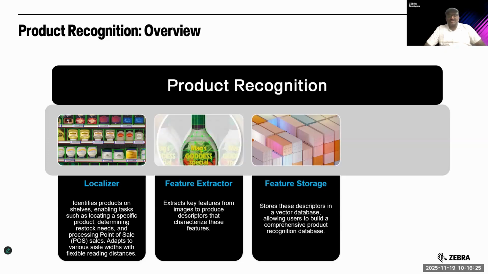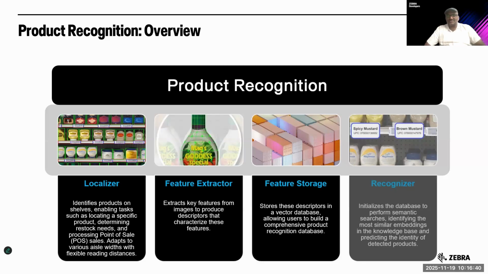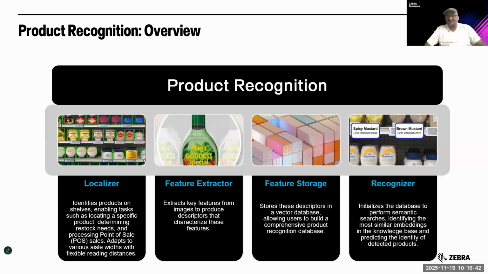Once this index is generated, the index file along with the localized crops with the descriptors are fed to the recognition block of the SDK. That's the final step of product recognition: the recognizer identifies these products based on the index file, runs the similarity search, and the recognized product label information along with the similarity score is written out.